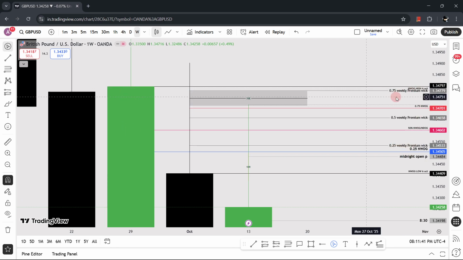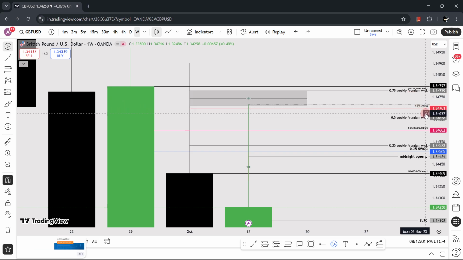That is really a good point of interest. So for this week, I have already typed here 0.75 update weekly premium week, and you can see it's the new week opening gap.